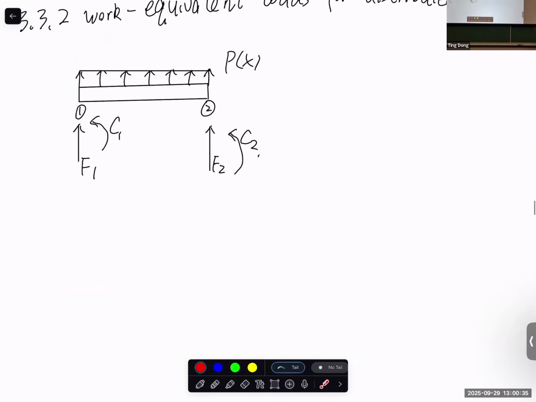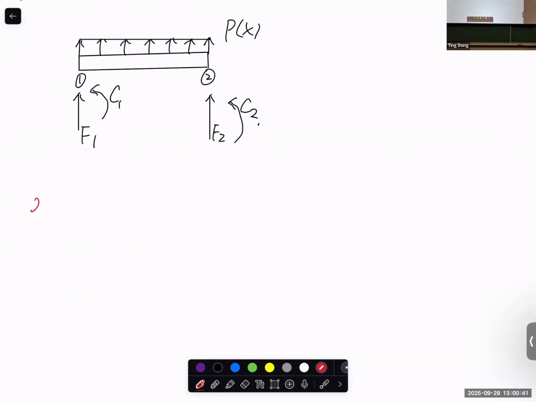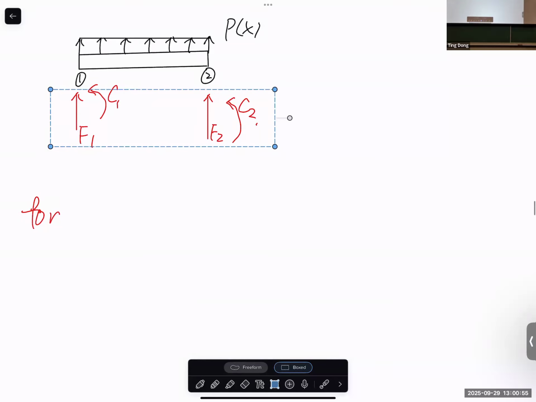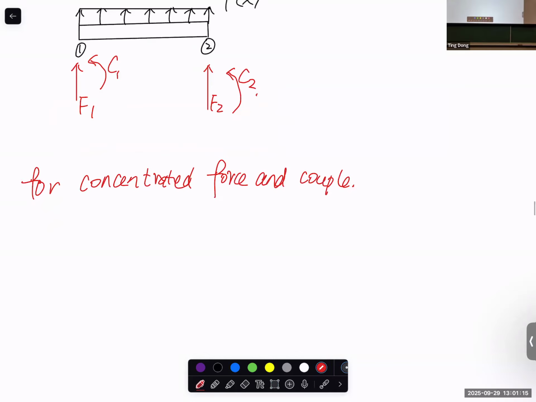So again, first, let's say for the concentrated force and couple, the work done by these four, we can write as W, the work done by this equivalent or concentrated force.